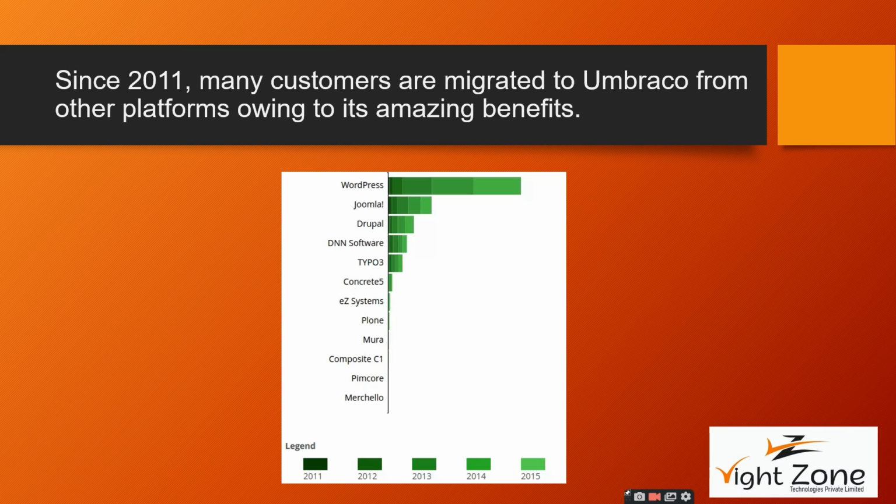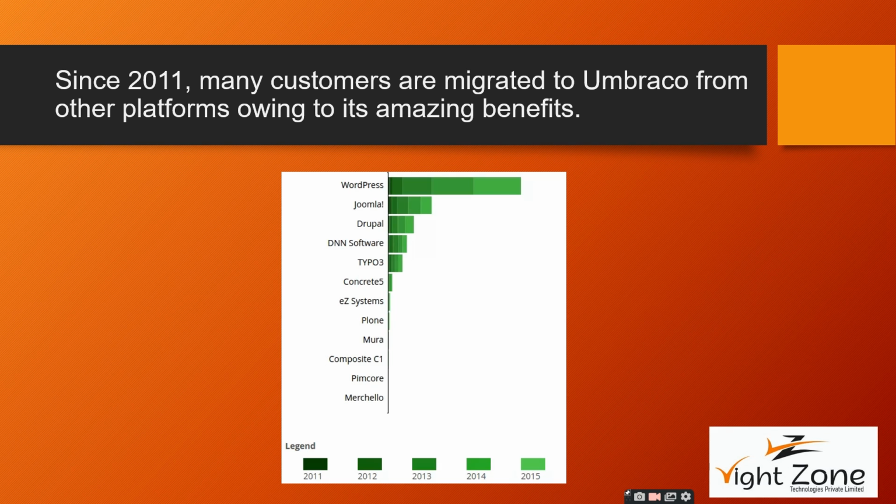Since 2011, many customers have migrated to Umbraco from other platforms because of its amazing benefits. You can see from this graph how many people have converted from one CMS to Umbraco. You can see a big part is WordPress, Joomla, Drupal.